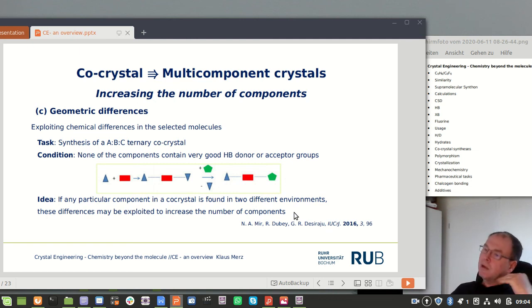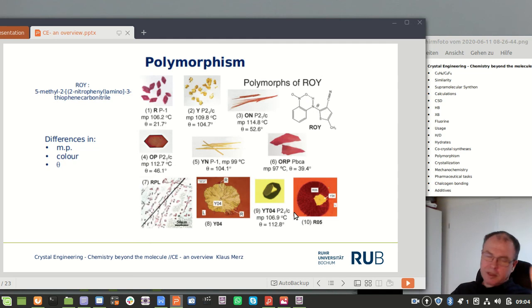When we talk about polymorphism, this fascinating, sometimes mystery world of polymorphism, you see it here, all the different forms. There's only one component, ROY, yes, ROY, red, orange, yellow. This is the IUPAC name, and all the different colors, and the only difference is here the angle, not more.